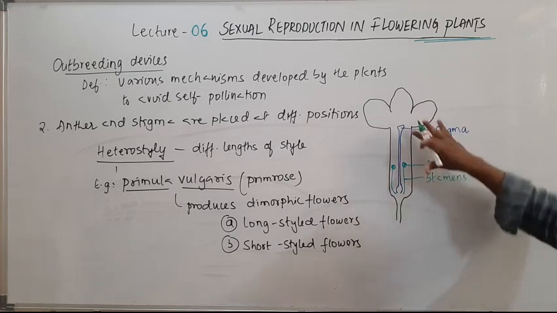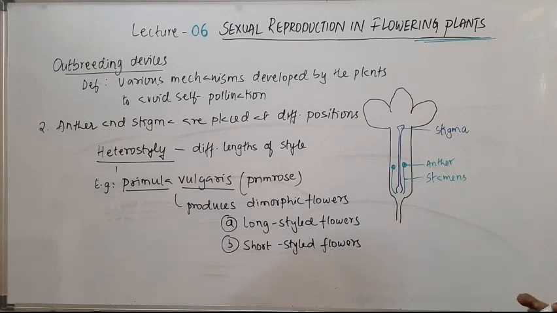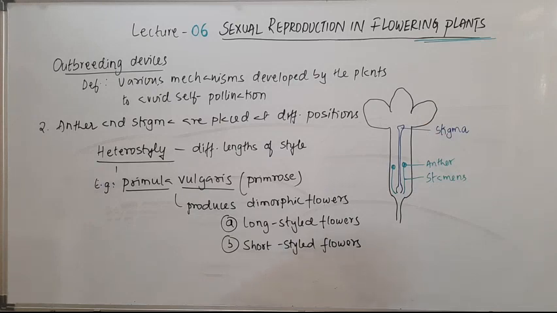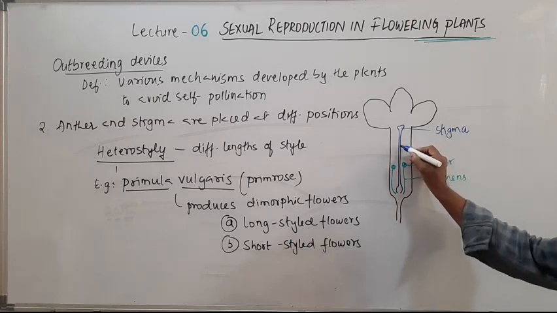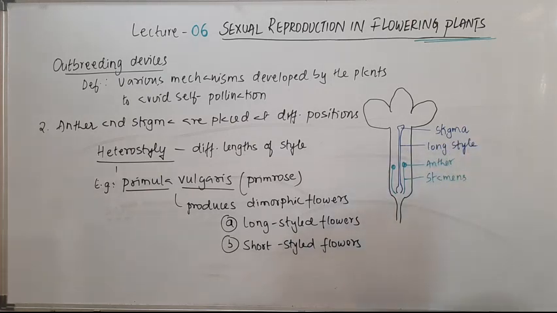It is placed well below the stigma, so the pollen doesn't easily settle on the stigma, thereby avoiding self-pollination, right? So this one is the long style.